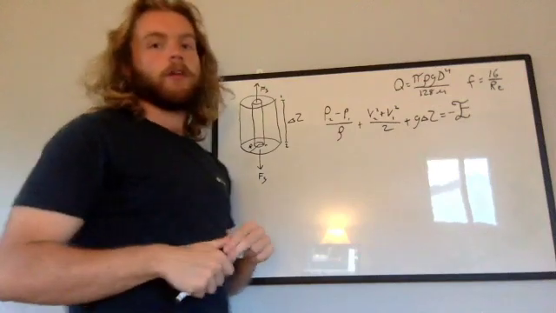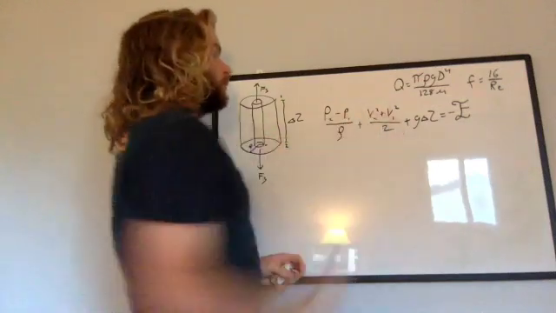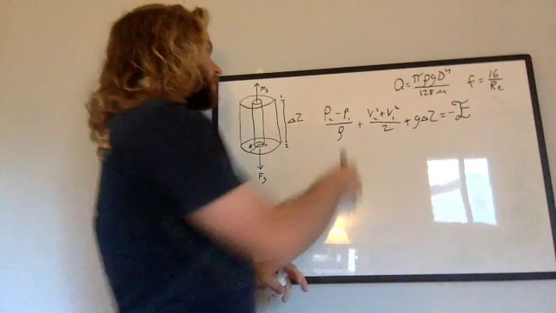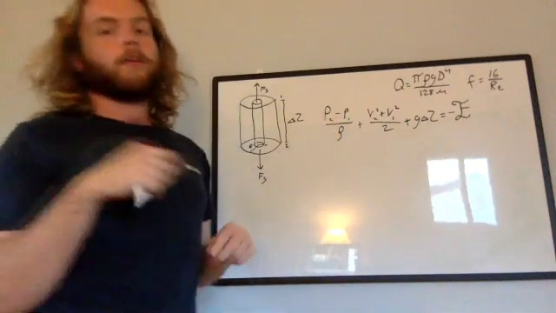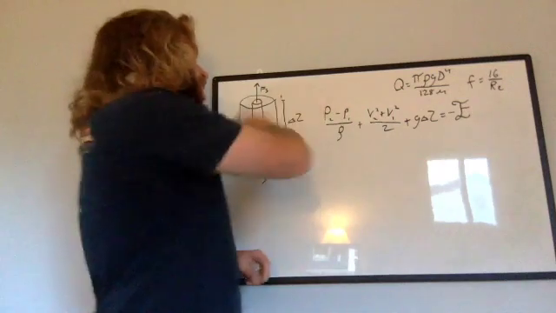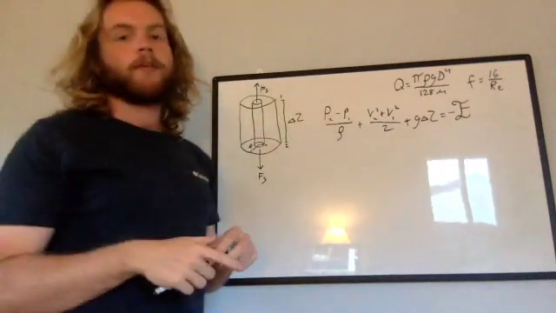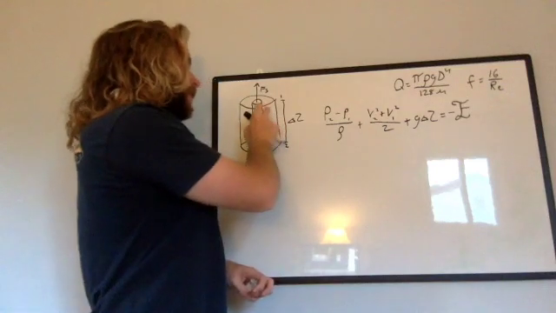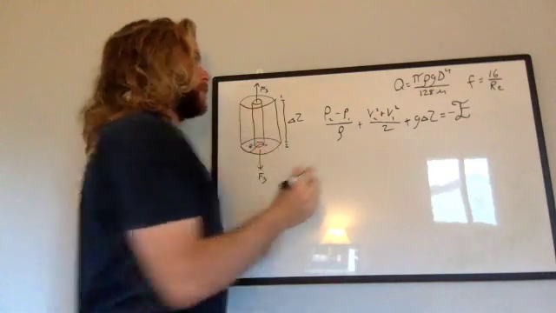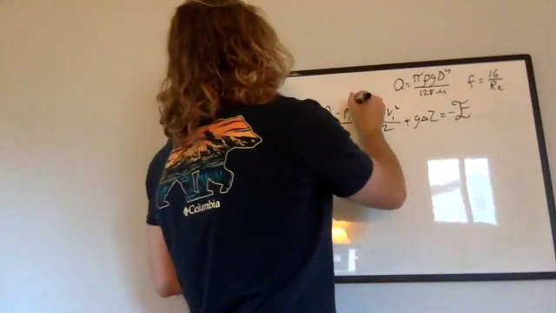The first thing we're going to do is cancel out some of these expressions over here. If we take a look, we have the pressures right here, and we know that the pressure is going to be constant throughout this whole problem. It's going to be 1 atmosphere always and forever. No matter where you're at in this pipe, it's always going to be 1 atmosphere. So we can cancel out this expression.